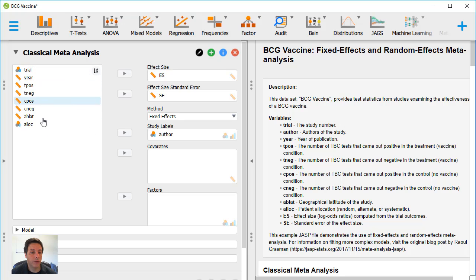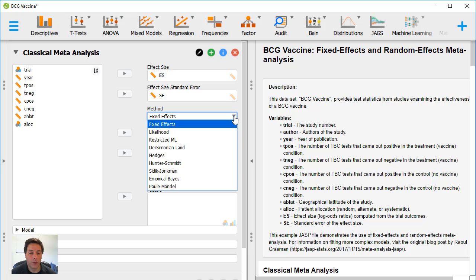So basically, you've got the variables that you saw in the data, and you put the effect size, ES, here, and the standard error goes there. And then you choose the method. Here is fixed effects, and I'm going to explain that. But if you use the arrow, you can use other methods.